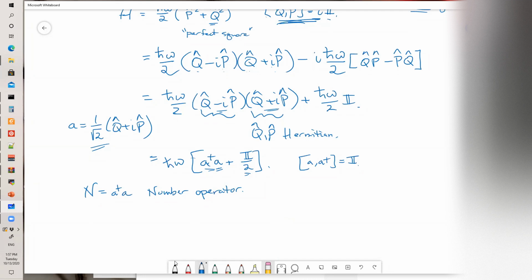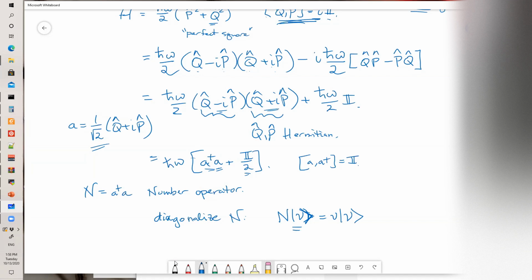So we just have to diagonalize n in order to figure out what's going on with the energy states. So let's think about that. Let's think about what an eigenstate of n would look like. We'll just label it with some nu.